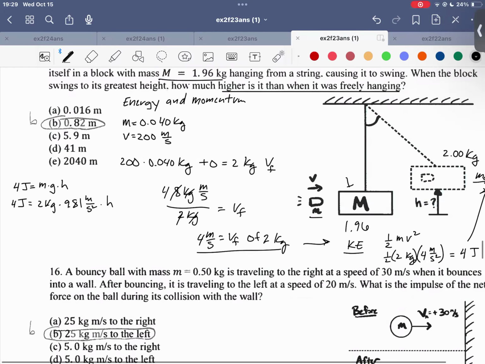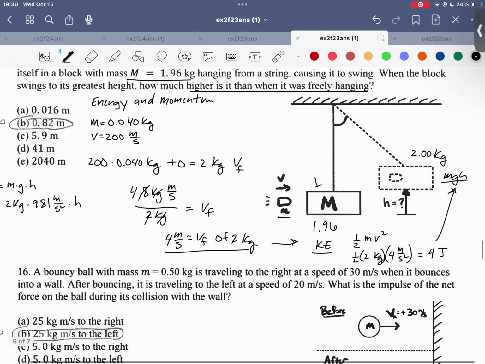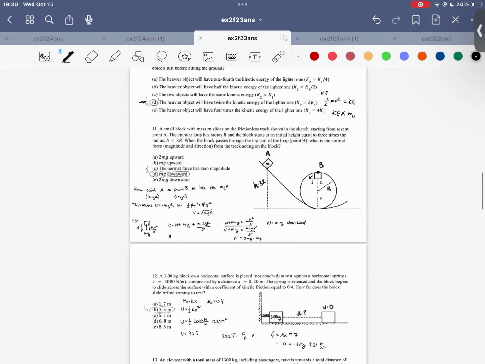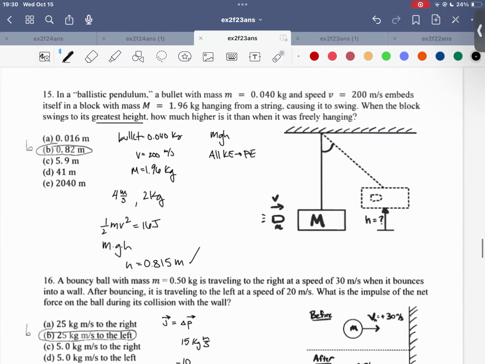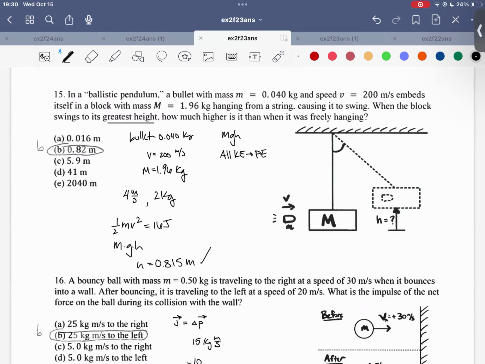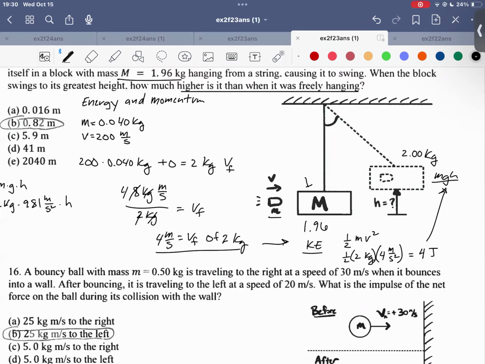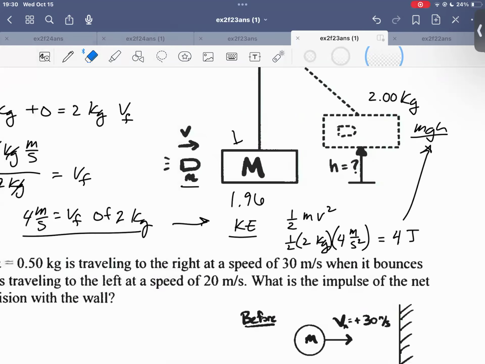Oh, it looks like I did something wrong. Let's see. Oh, this is wrong. I didn't square this right here. Right.